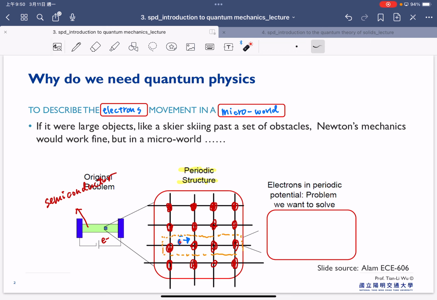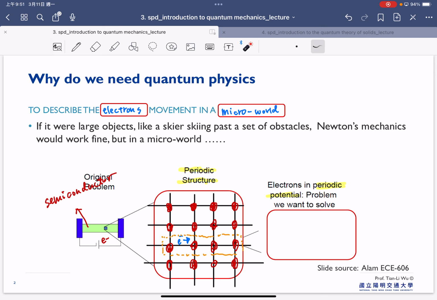Once the electron moves here, certainly it will be influenced by this one. Once you move here, you will be influenced by this one. And therefore the question becomes an electron moving in a periodic potential, because I think everyone in this room has basic physics.